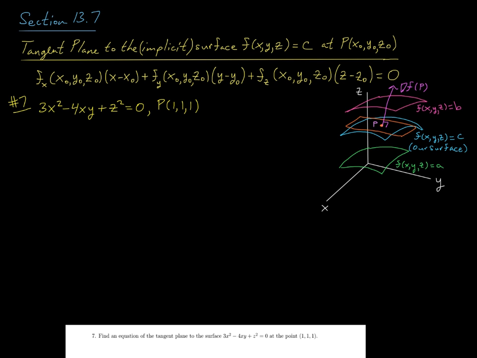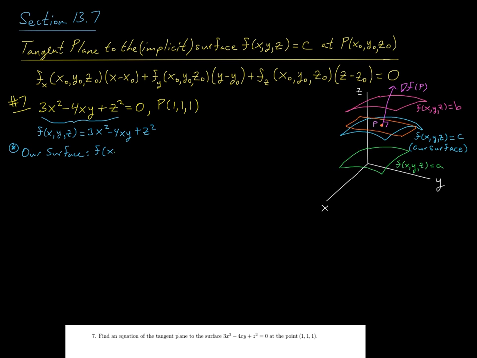So what exactly is this function f if I'm just given a surface equation like this? Well, the idea is if I just take this thing on the left-hand side and say, okay, this is my f of x, y, z, which would be 3x squared minus 4xy plus z squared, then our surface, this is really the key insight, is just a level surface of this function f.